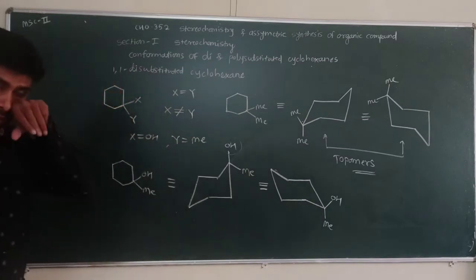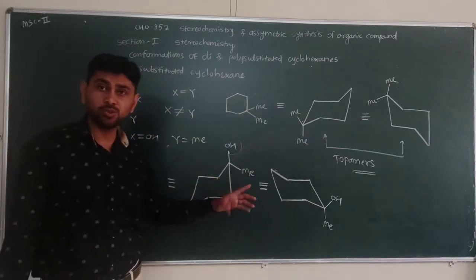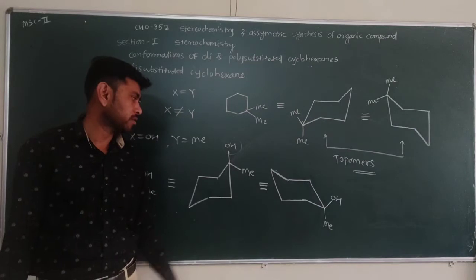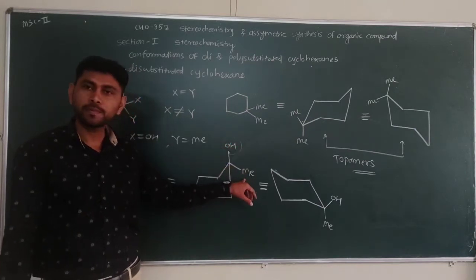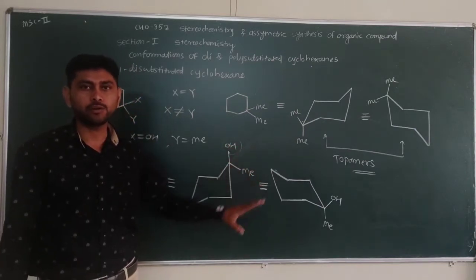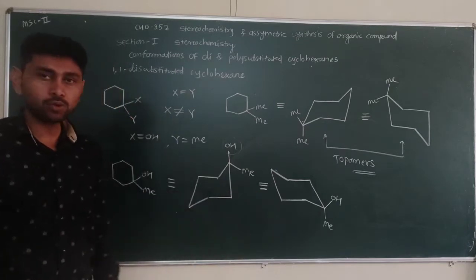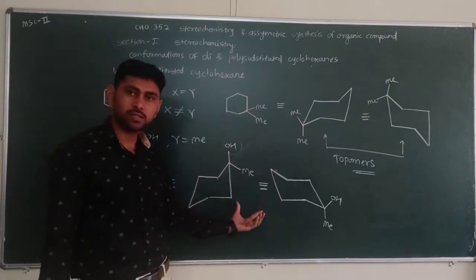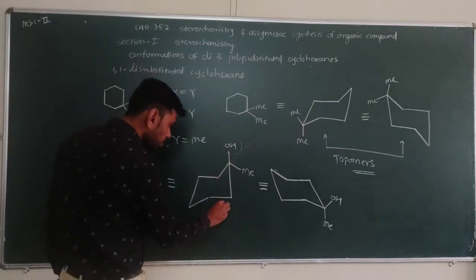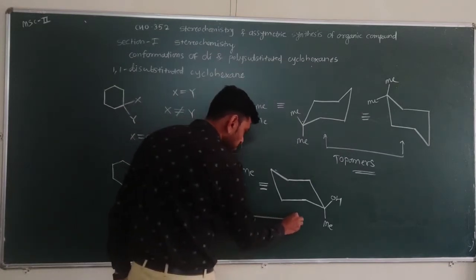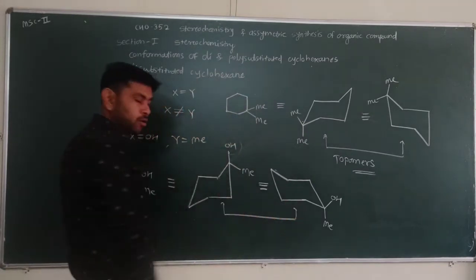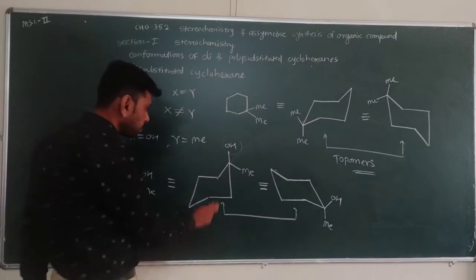Okay. So out of these two structures, the stability differs because the OH group and methyl group are different groups attached. So the stability of these two structures differs, and also these two structures are present in unequal amounts.